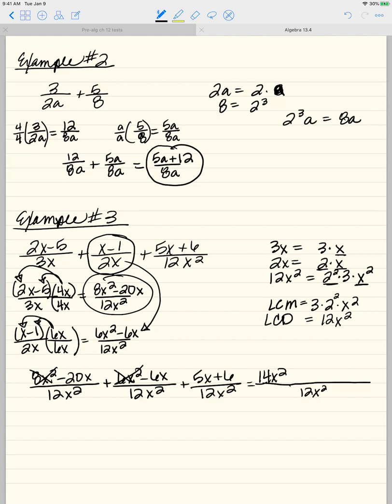So minus 20 minus 6 is negative 26 plus 5 gives me negative 21x plus 6. So I have 14x squared minus 21x plus 6, okay? All over 12x squared. We cannot factor 14x squared minus 21x plus 6, so this is as simple as this gets.